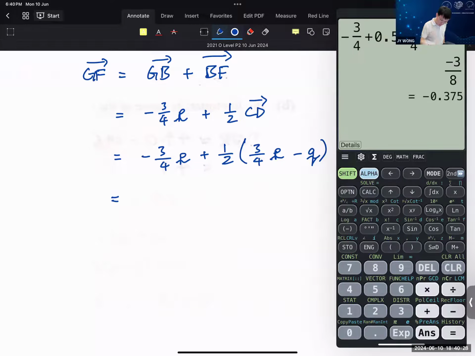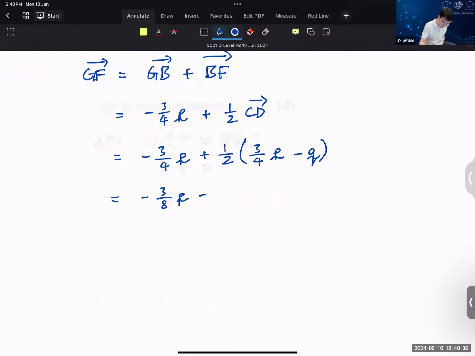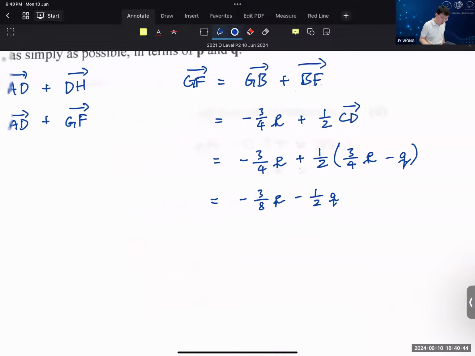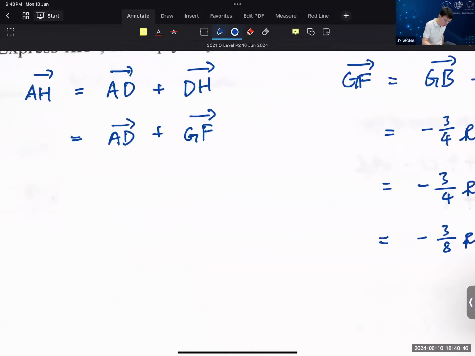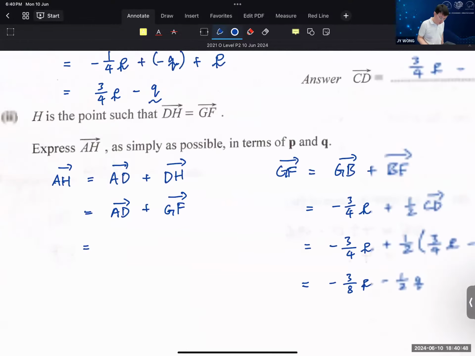So I will end up with negative 3/8 P minus half Q. Okay, that's your GF. And now we can continue with our substitution here. We already have AD. What is AD again?